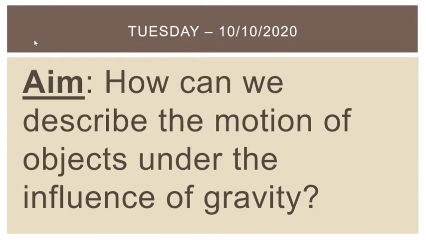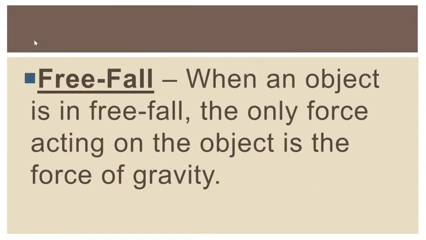The first thing we want to do is talk about describing the motion specifically, just using words. When we describe the motion of an object under the influence of gravity, usually we refer to it as being in free fall. The first thing we want to bring up here is what that definition is.